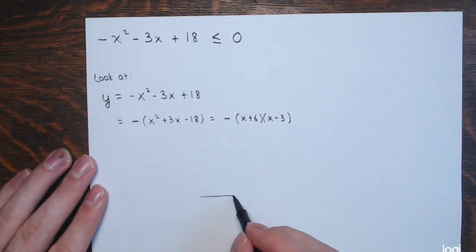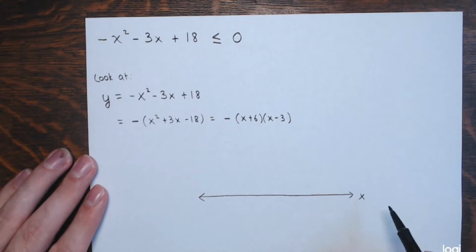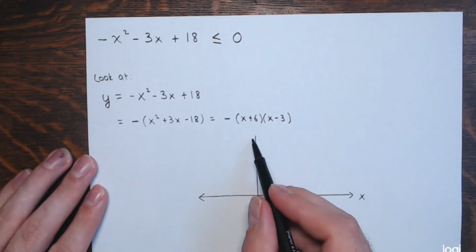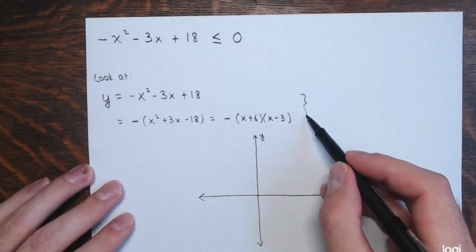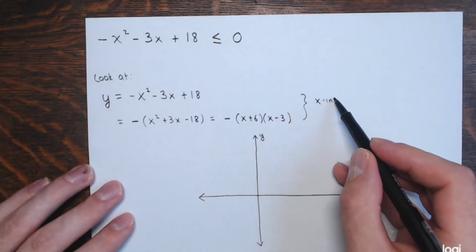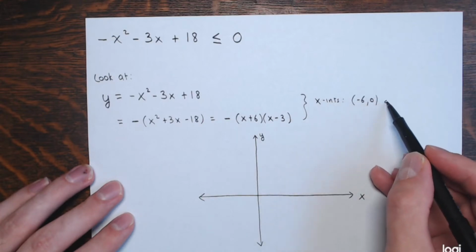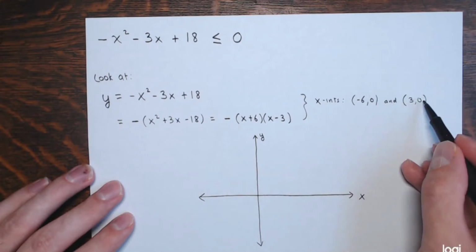So here's the x-axis. And I'll put a y-axis somewhere, doesn't matter. I'm hoping it's obvious that the x-intercepts are negative 6 comma 0 and 3 comma 0.